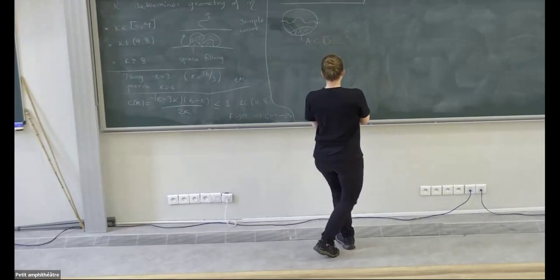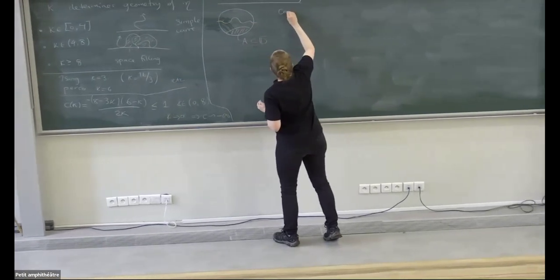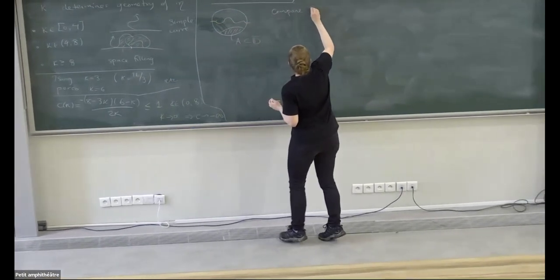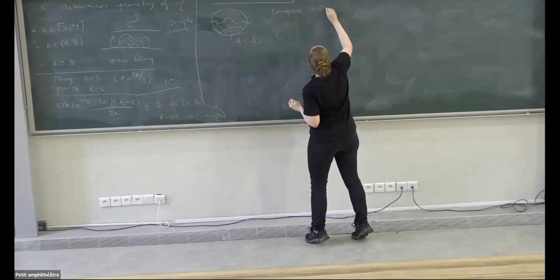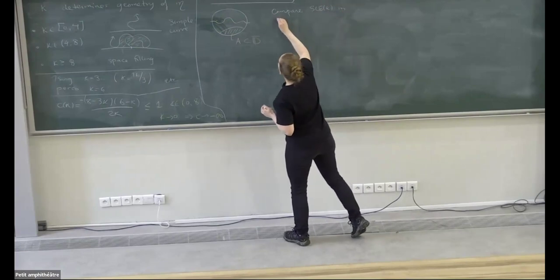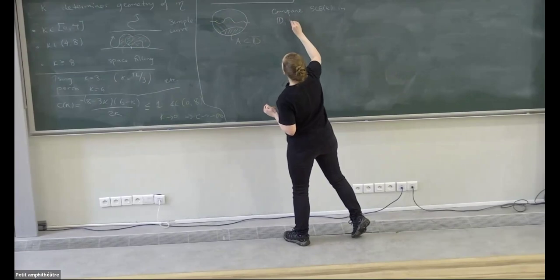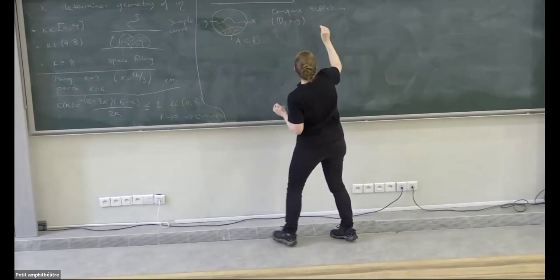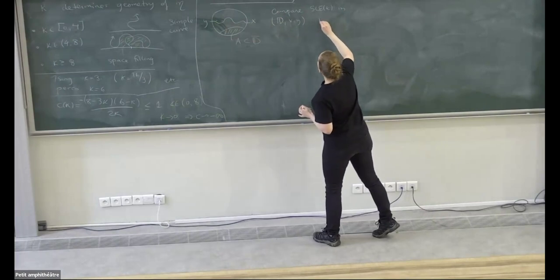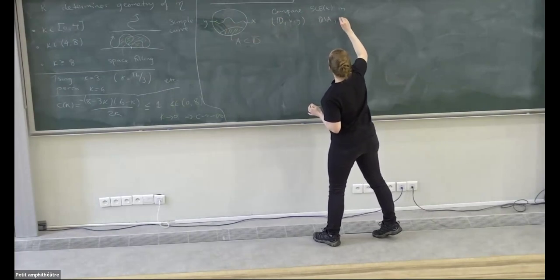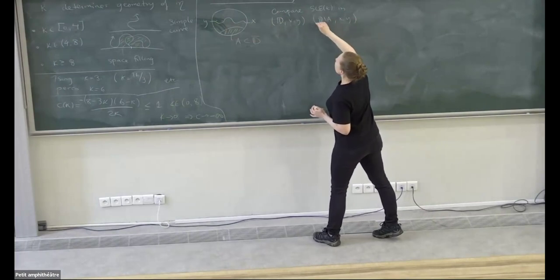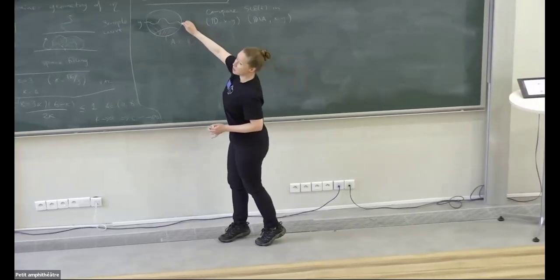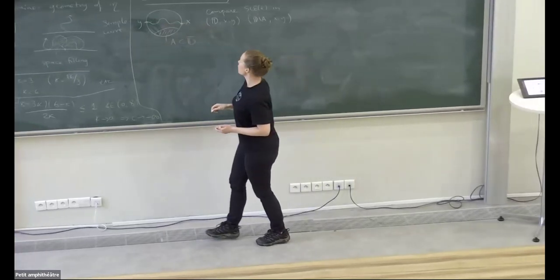And I want to compare this SLE kappa in D, from X to Y, which are those points, and in D minus this A. I assume the A doesn't eat up those endpoints, because otherwise it doesn't make much sense.